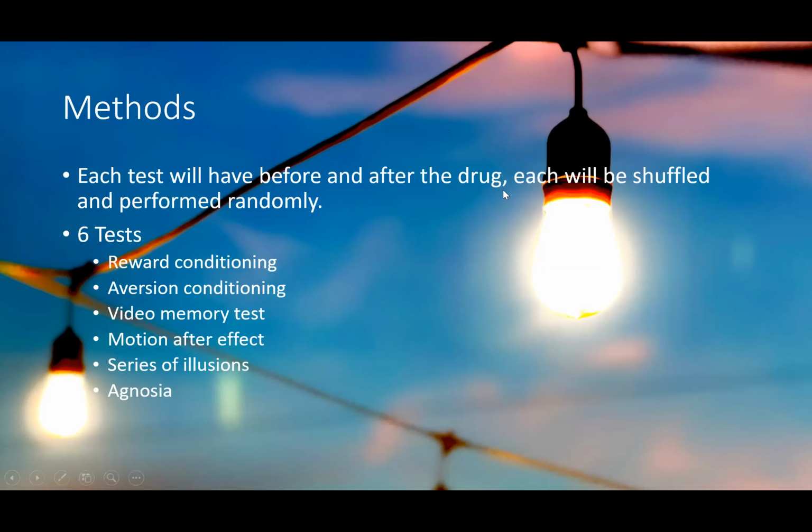The before and after I'll explain for each test. And each test will be shuffled and performed randomly, rather than, say, a series of illusions together. We can mix that up with the other tests, like the video memory test and reward conditioning tests and stuff like that.